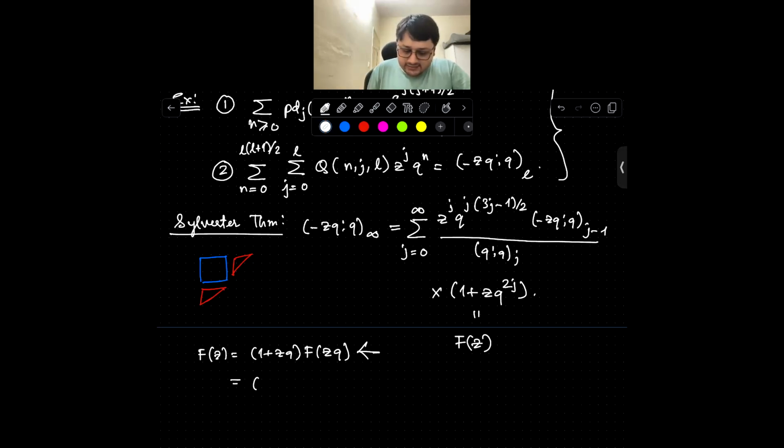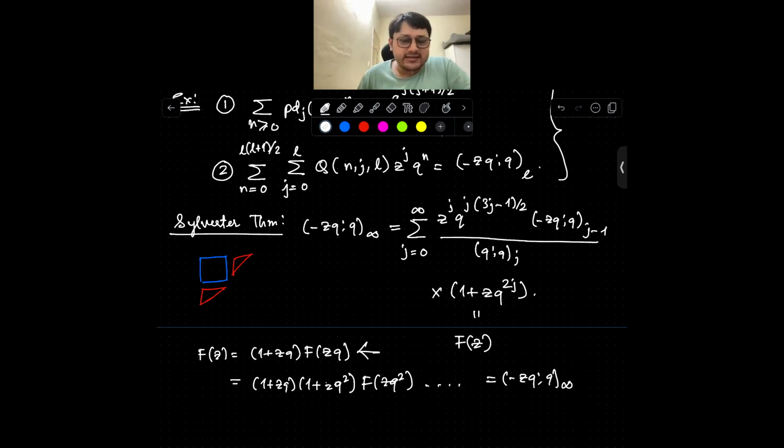The next iteration would be 1 plus zq times 1 plus zq squared and f of zq squared, and so on. If you iterate this, eventually we're going to get minus zq, q infinity. So it's easy to see that this is true.